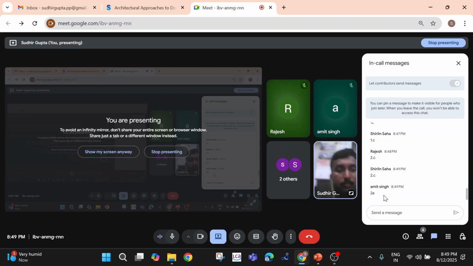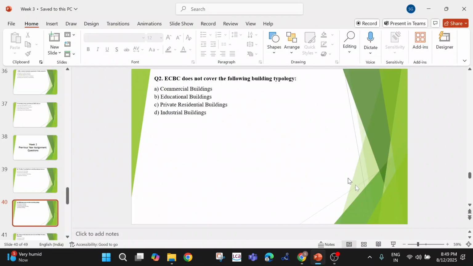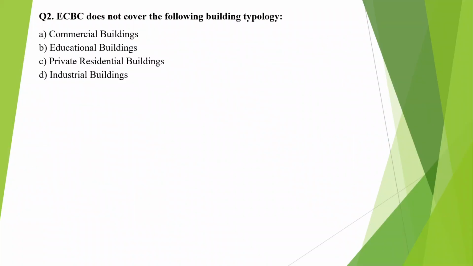So let me tell you all that whoever has opted option C, they are absolutely correct. And option A, whoever has opted, is going in the wrong direction, because in the previous discussion I told you these commercial buildings come under the ECBC building typology or category.